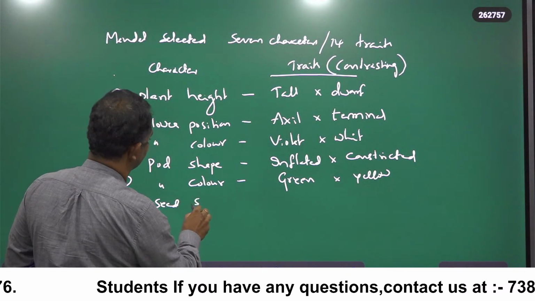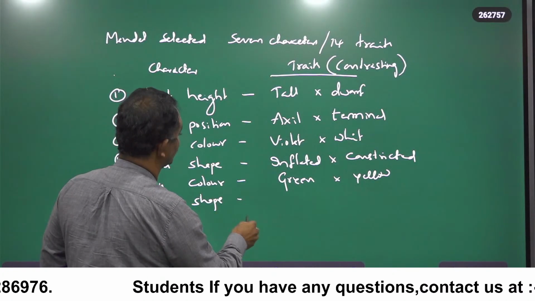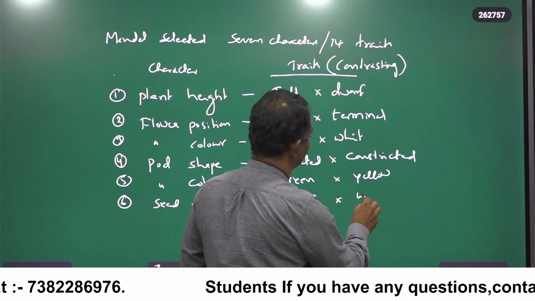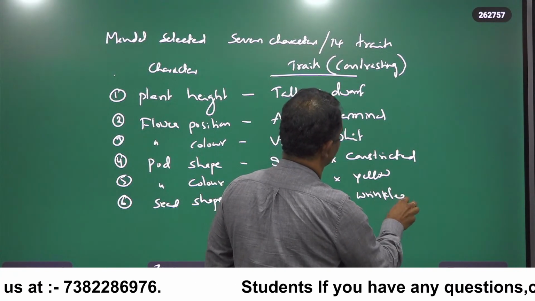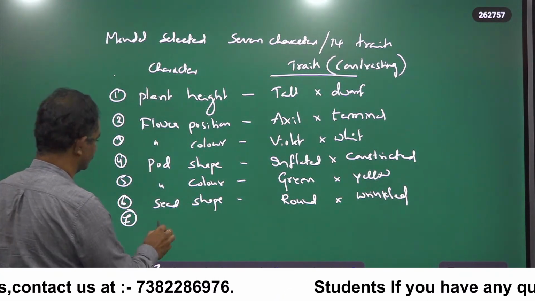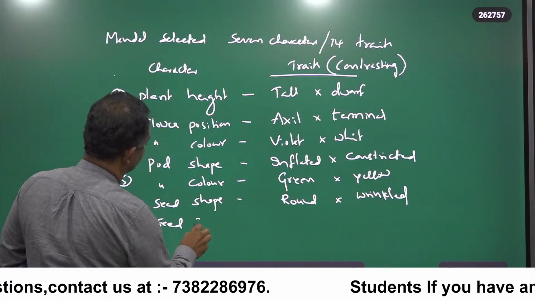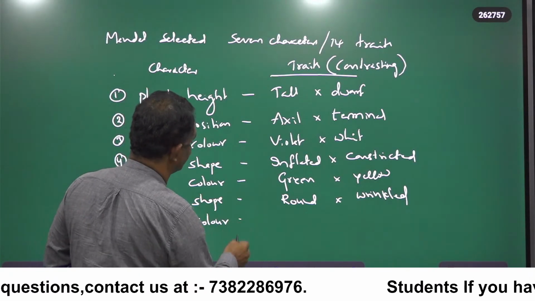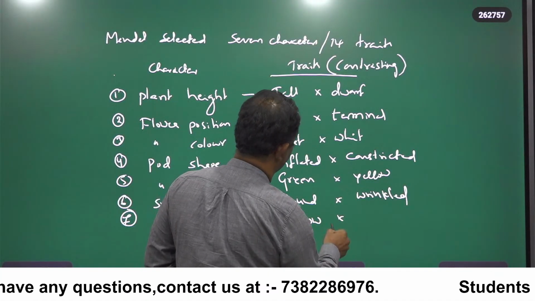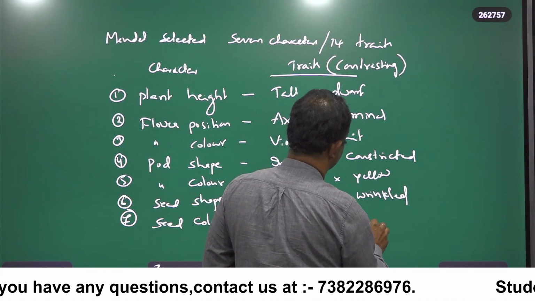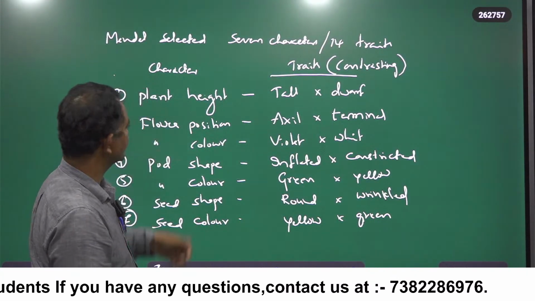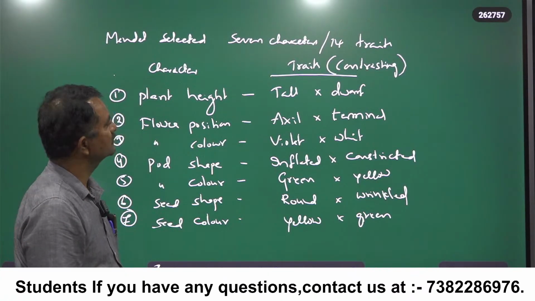Seed shape: round is dominant and wrinkled is recessive. Next, the seventh character, seed color. Yellow is dominant and green is recessive. So these are the 7 characters selected by Mendel on garden pea plant.